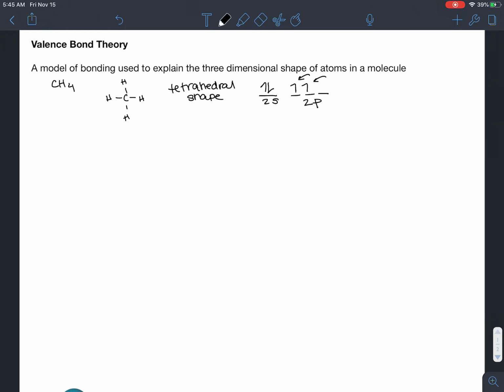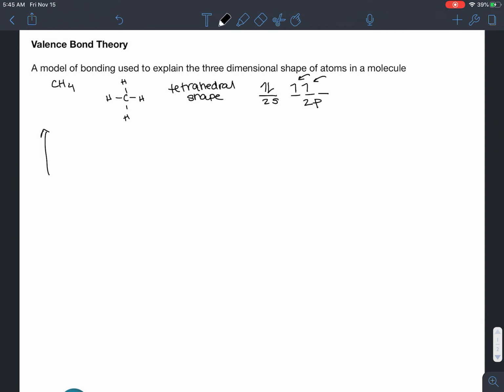Valence bond theory works through something called hybrid orbitals, or hybridization. Hybridization is the blending of 2 different varieties, essentially. So you could think of a horse and a donkey coming together to make a mule. That's a hybrid. So here we're going to make hybrid orbitals to explain the three-dimensional shape of different atoms.